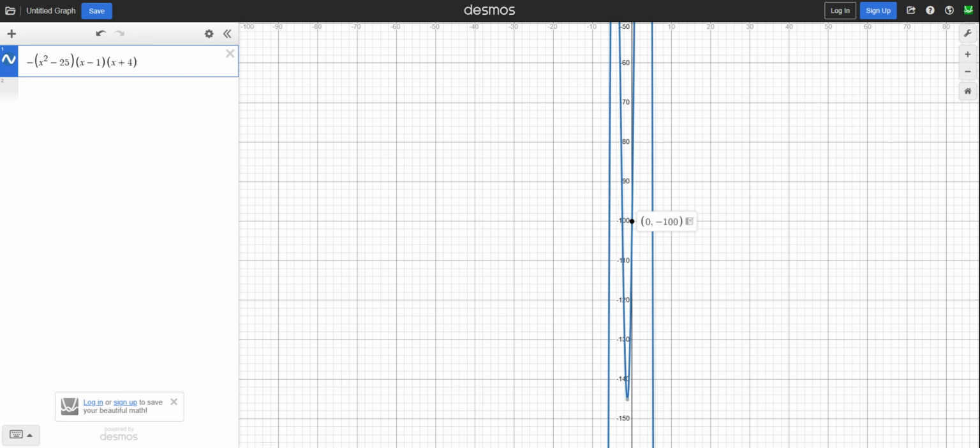So x times x squared, x times negative 3x, x times 2, then we take negative 2 times each one, and negative times negative is positive. 2 times 3 is 6.